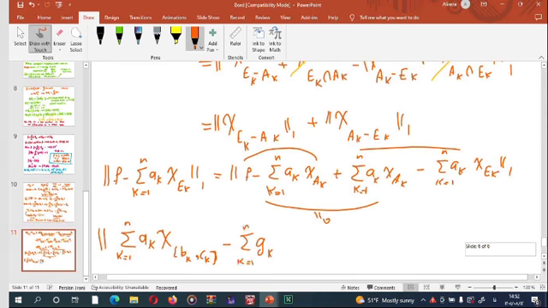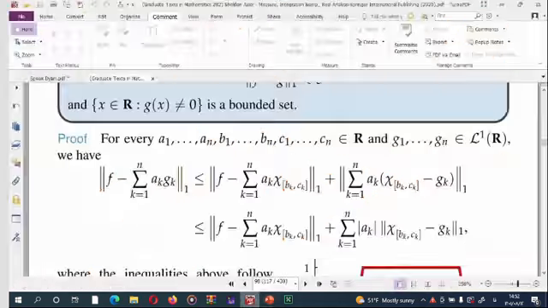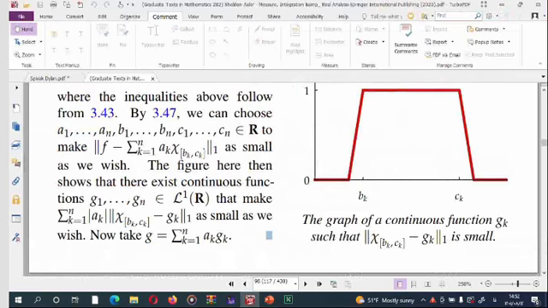This is our function g. Okay, equal to this, or a_k g_k.